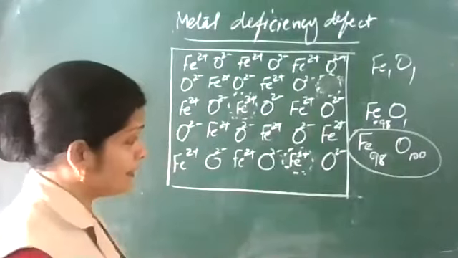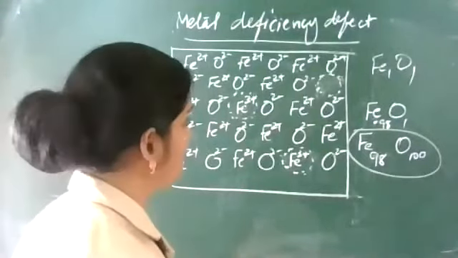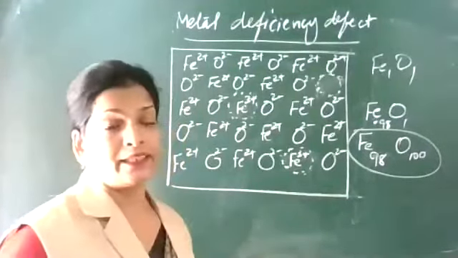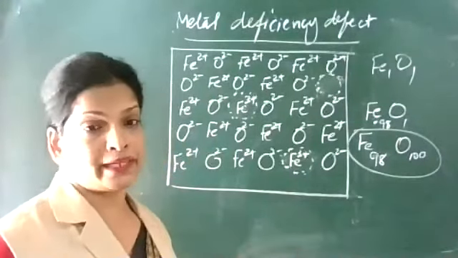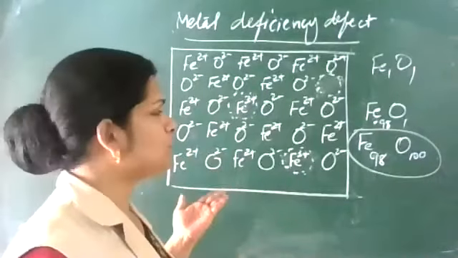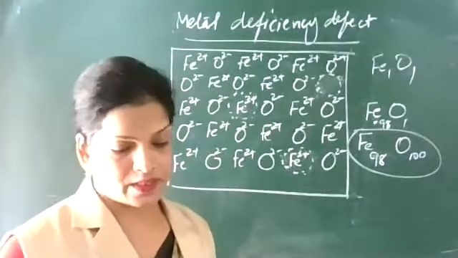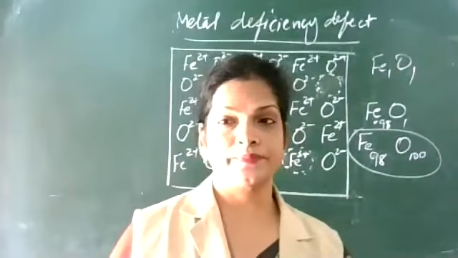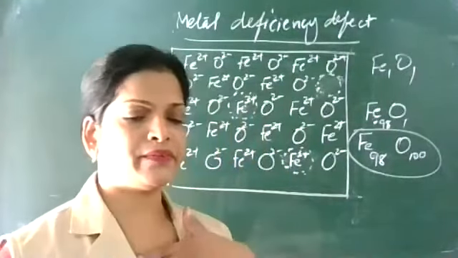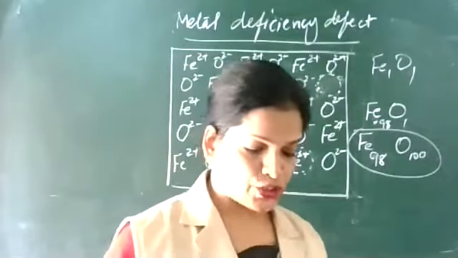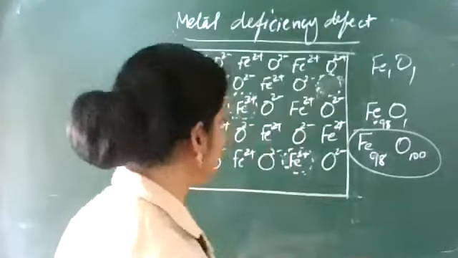Now, anyway, whether it is metal deficient or metal excess, if it is an ionic crystal, electrical neutrality is to be maintained. Questions will be coming in this format. Write down one question. Analysis should it.